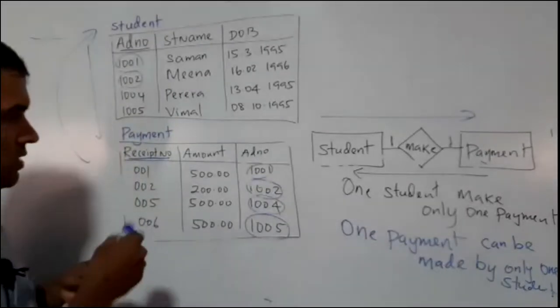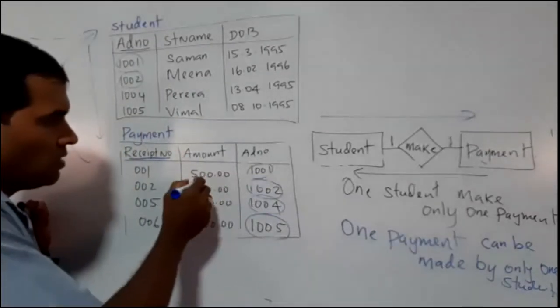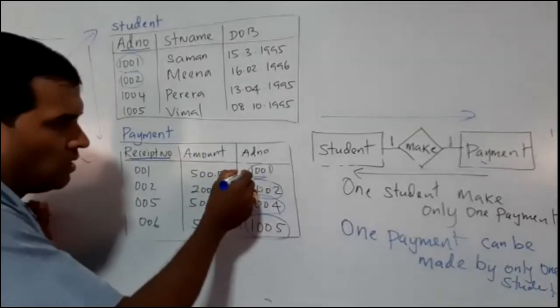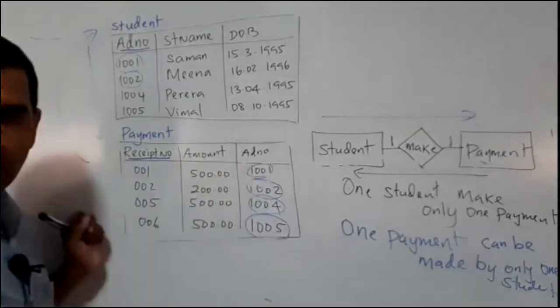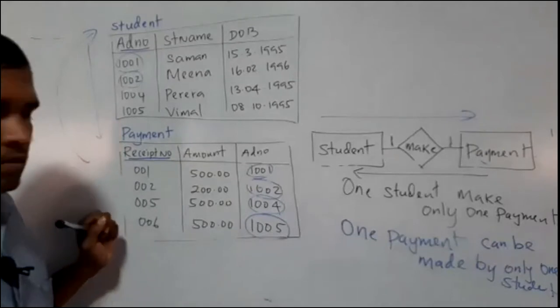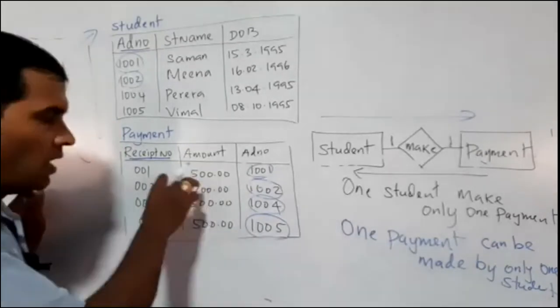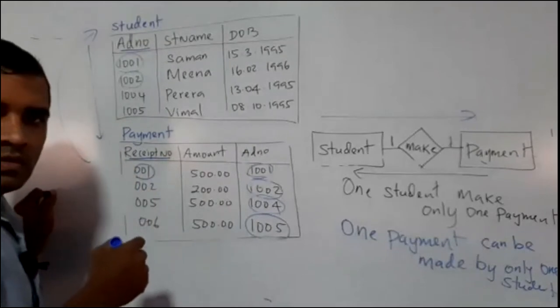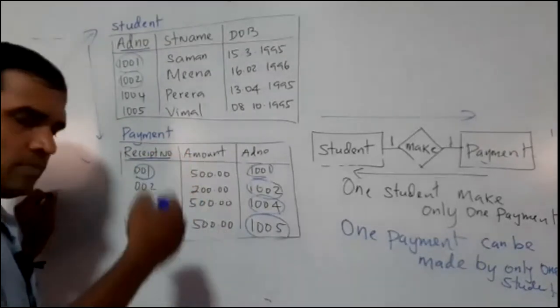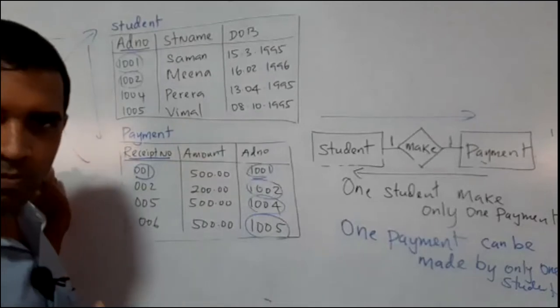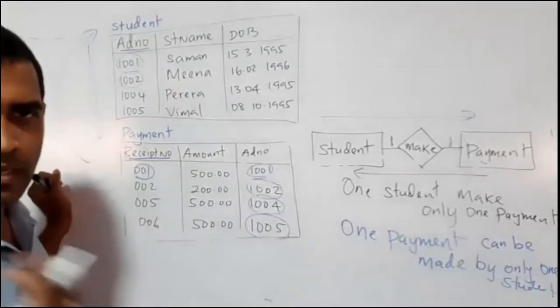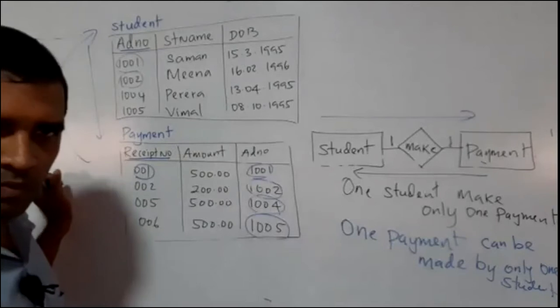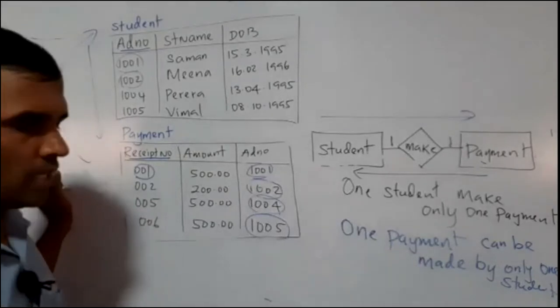Listen to me very carefully. Here, this Saman made this payment 500 and got 001 receipt. Right? So sometimes this is actually not practically possible, but I take it for an argument.